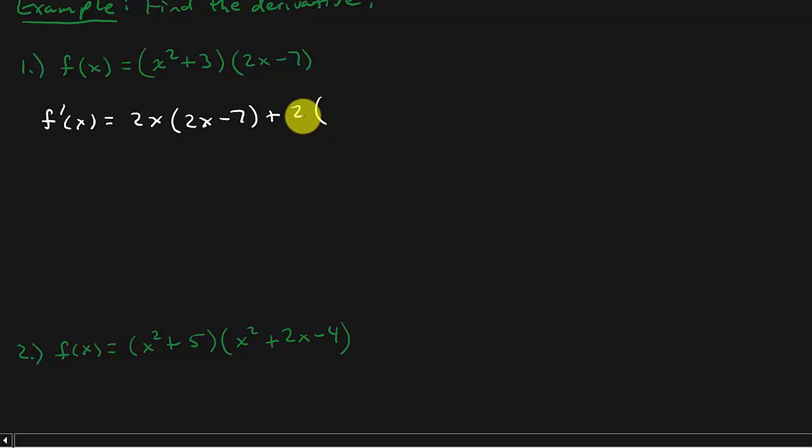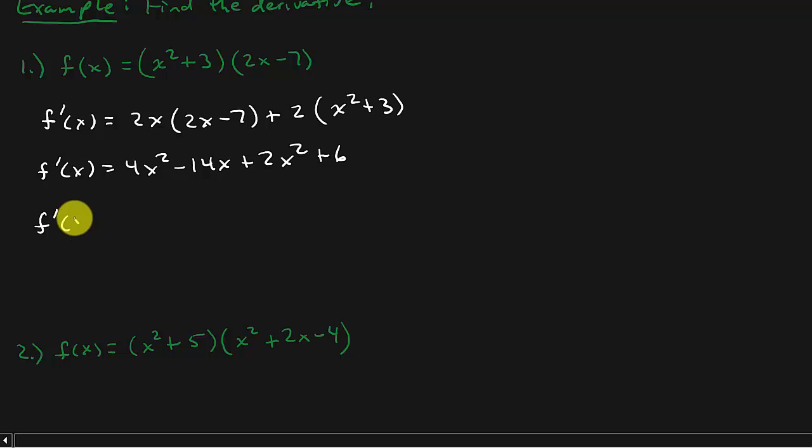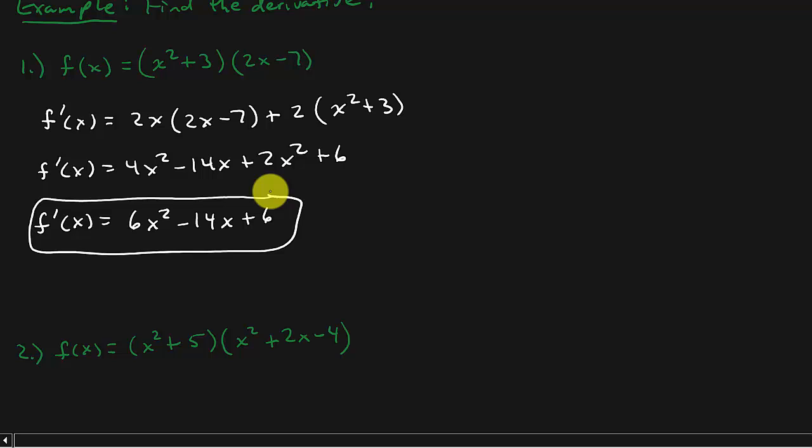So this is the derivative of the second function, times the first, x squared plus 3. Then all we do is clear the parentheses and combine like terms. So f prime of x is 4x squared minus 14x plus 2x squared plus 6. So f prime of x is 6x squared minus 14x plus 6. And there's your answer. I used the product rule there.